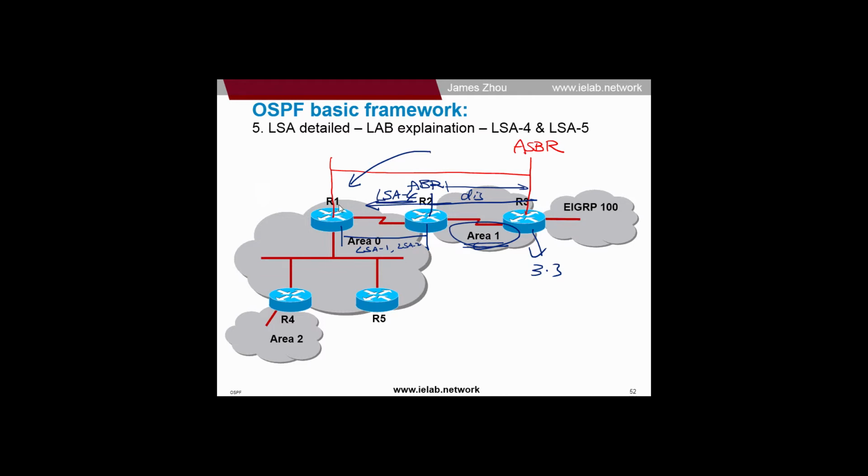So R1 calculates the distance to the ASBR: use LSA1 plus LSA2 to calculate R1 to ABR R2, then use LSA4, which means ABR to ASBR, plus that means R1 to ASBR, the distance.